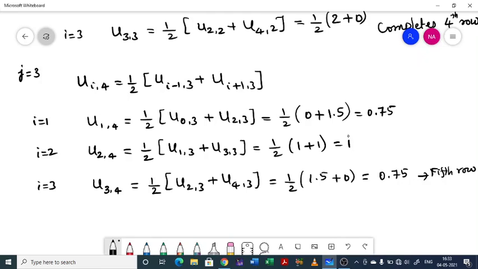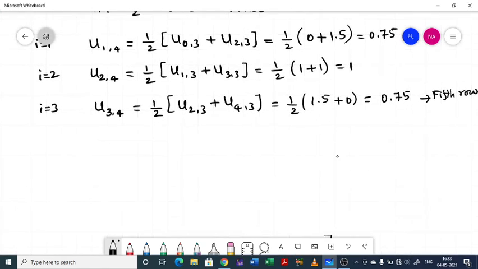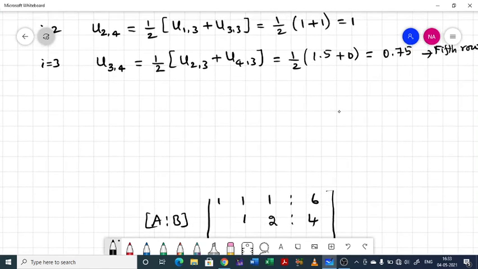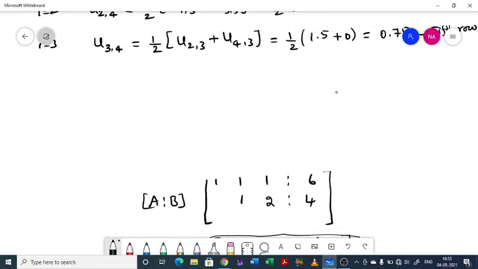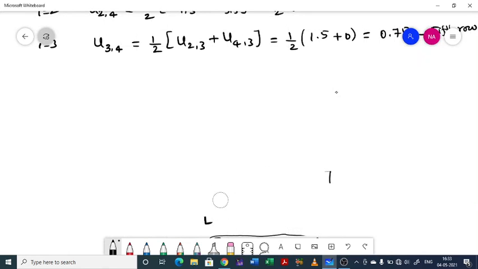The last row we need to write. Okay, so j equal to 4, right?